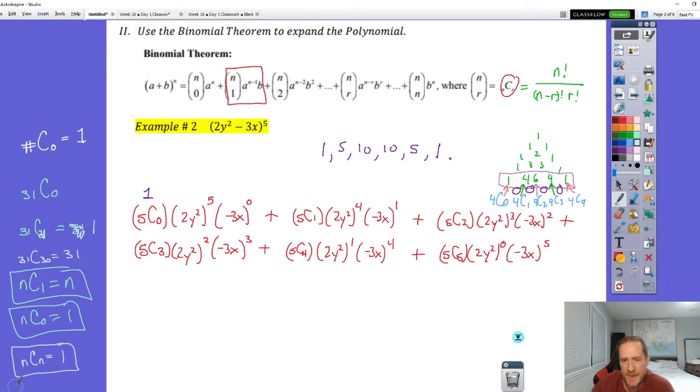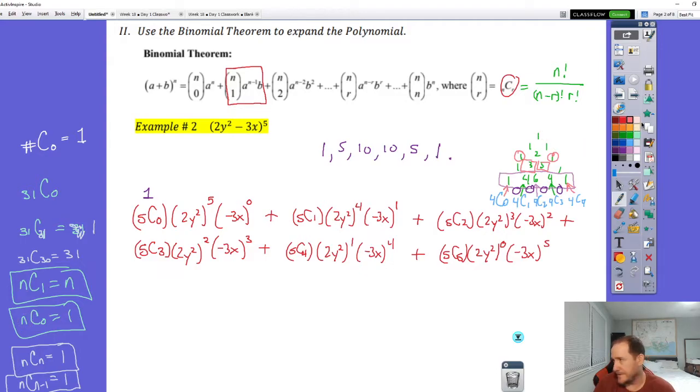It's 31. So that as a formula would be N choose N minus 1. And that would also be 1. So there's some nice formulas here. Again, what I'm talking about is basically just a rule that says the first and last things are always 1. And I'm also telling you that the second and second to last things are always the number.